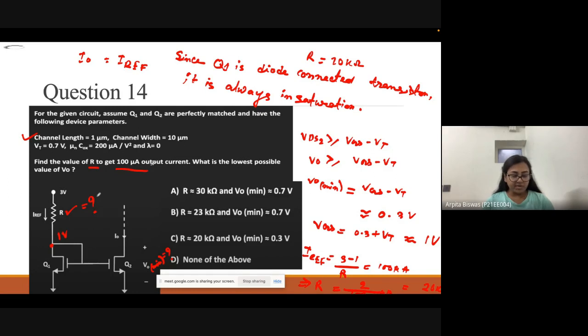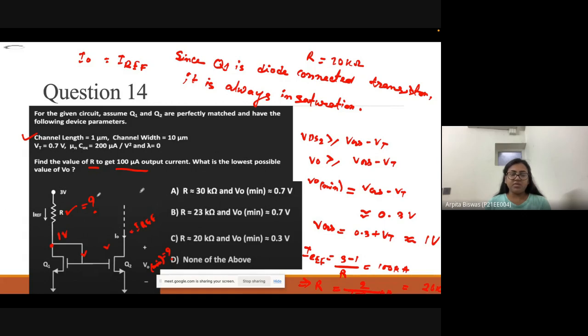So what we have done here, just a minute, this I output is equal to the I reference, and Q1 is directly connected with this Q2. So both transistors are in saturation.